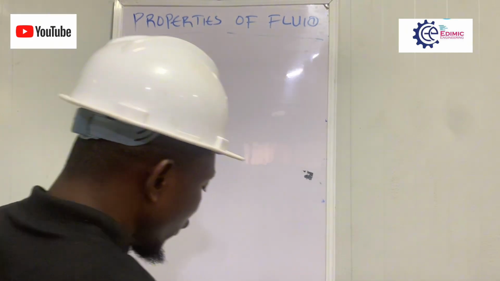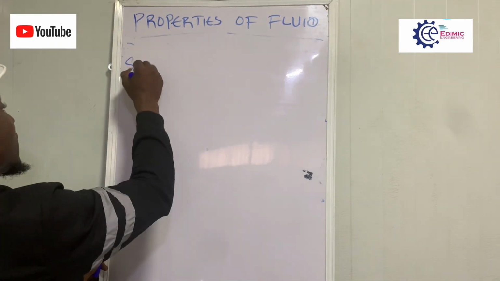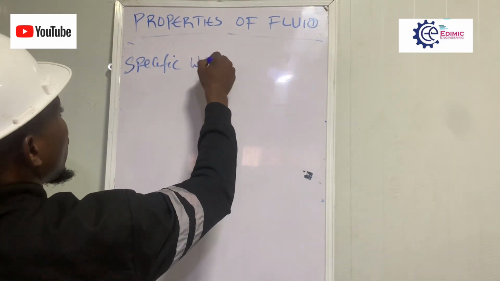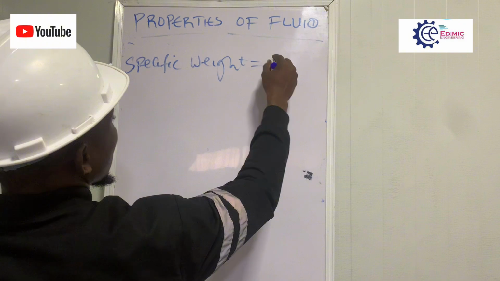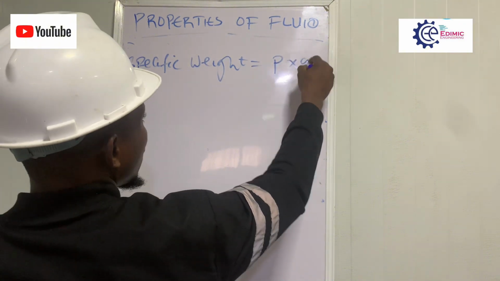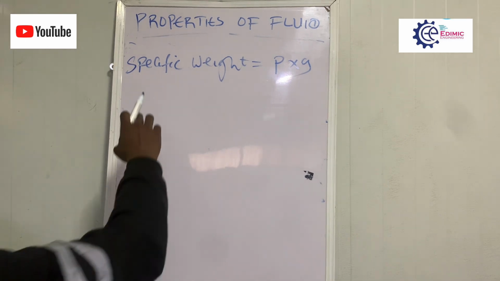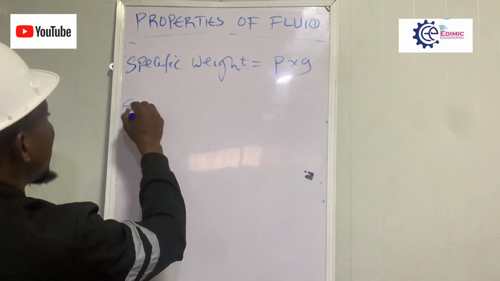The next property of fluid is specific weight. And then specific gravity.